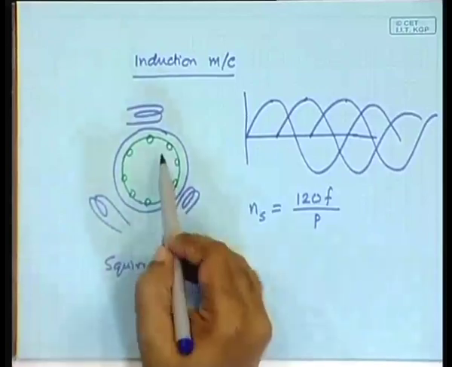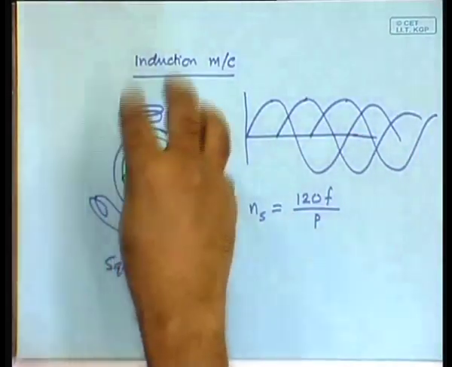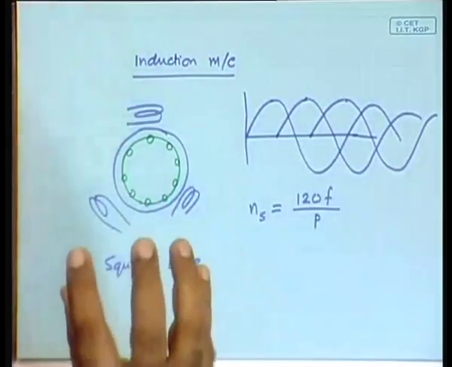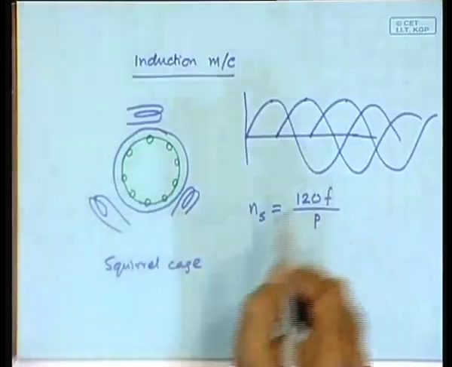In case of a squirrel cage machine, it is called a cage because these conductors are not wires, they are simply aluminum bars that are shorted at the 2 ends, and the whole thing looks like a cage, that is why it is called a cage machine. So, what happens if you short them? Imagine that the field is rotating at the synchronous speed.